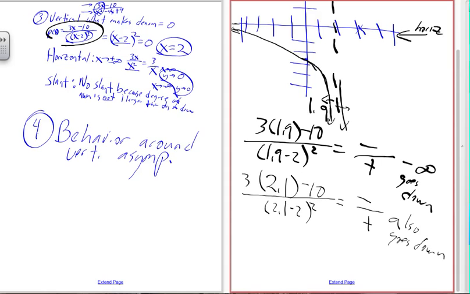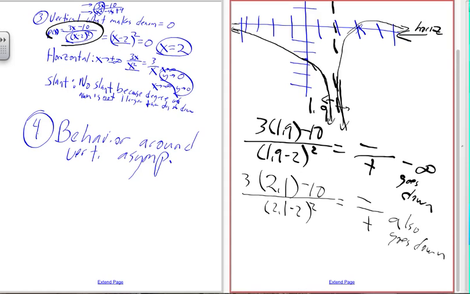The other thing I know is over here, I'm coming up, but it's going to have to go through my x-intercept. It'll probably come up, but then it has to come back down, and it's also going to approach 0. And there's our graph. This is how we do this.